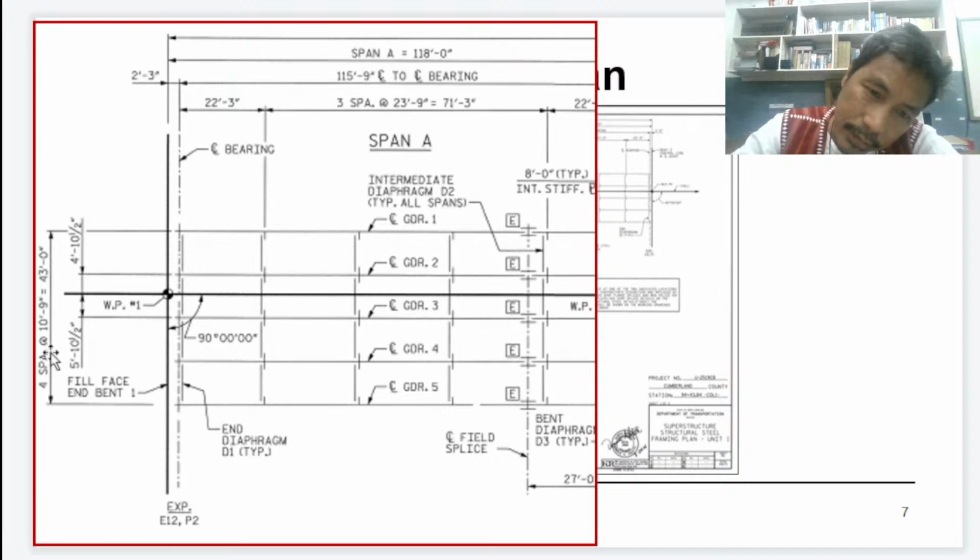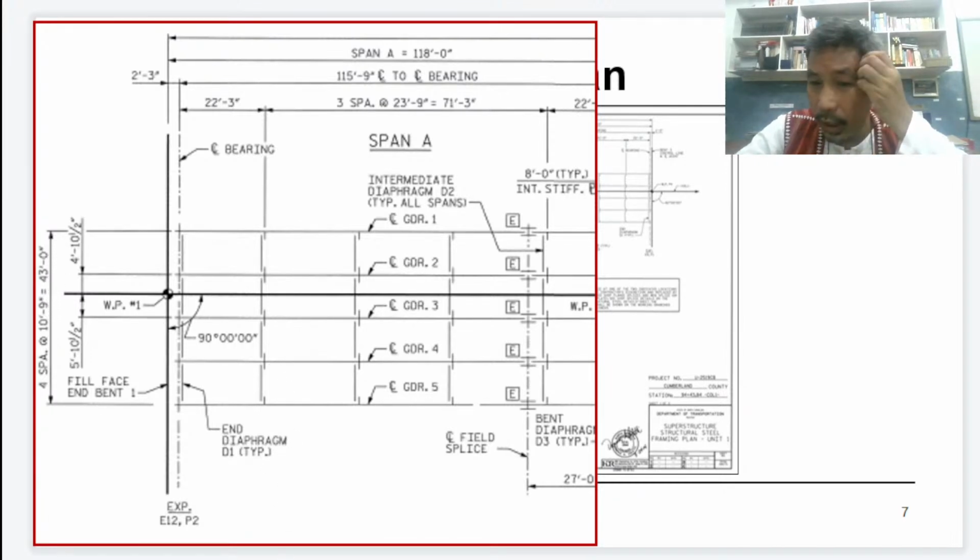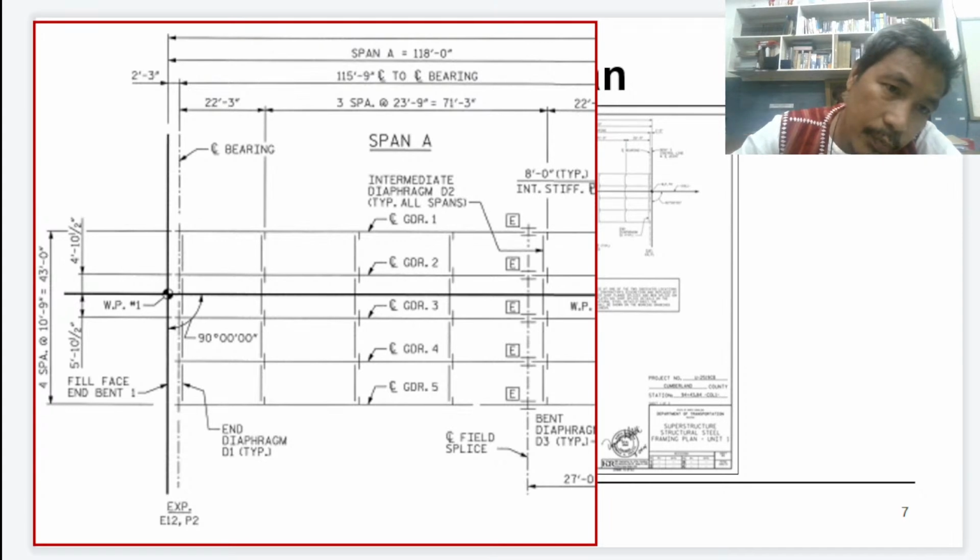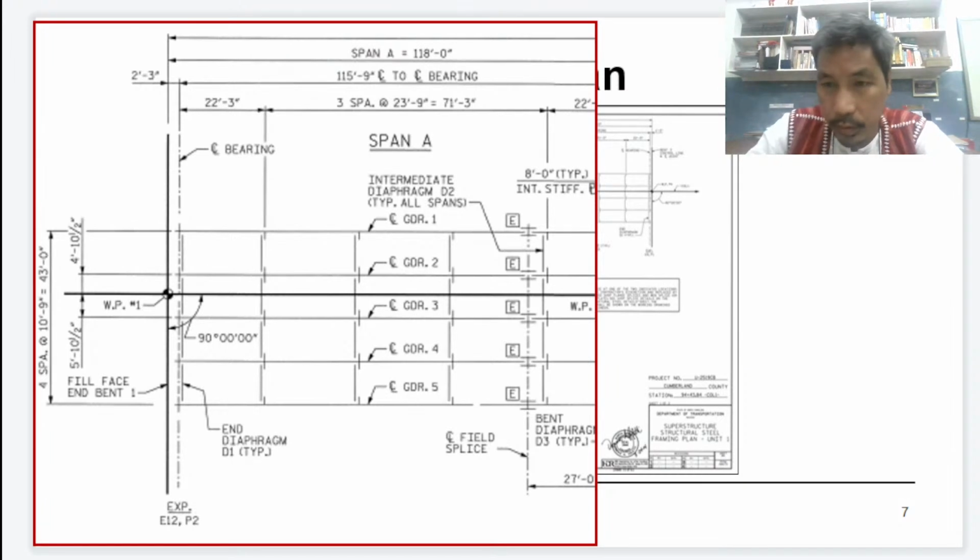you can see 4 spacing at 10 feet 9 inches is equal to 43. So we can verify that. If that is correct, we can verify that. Okay, so let's verify it. Spacing is 10.75.